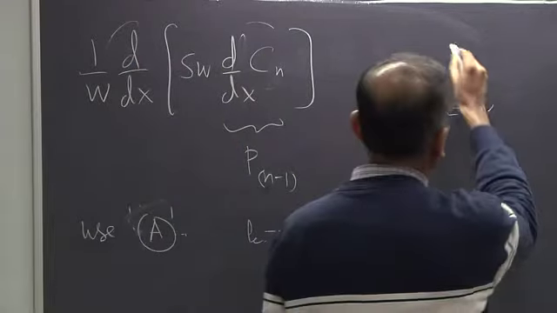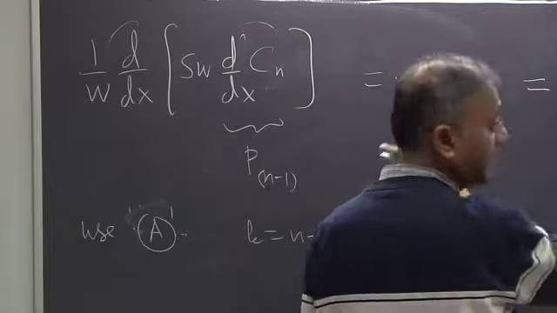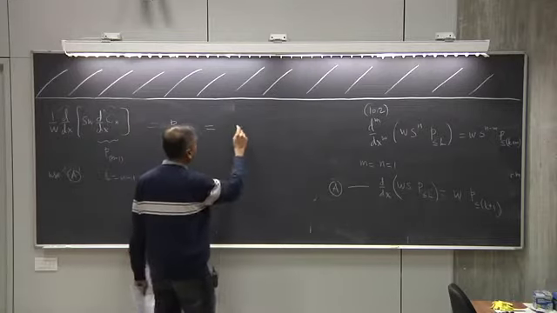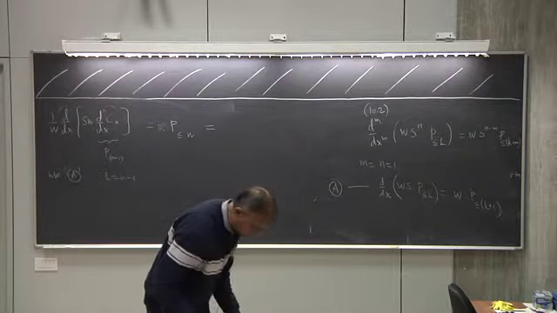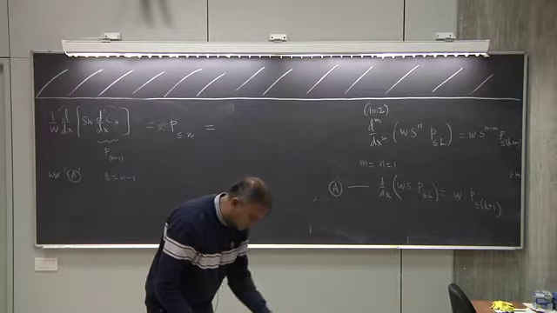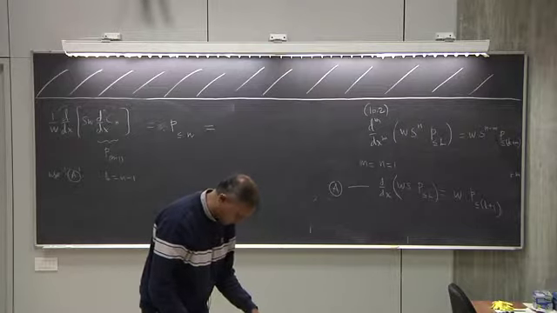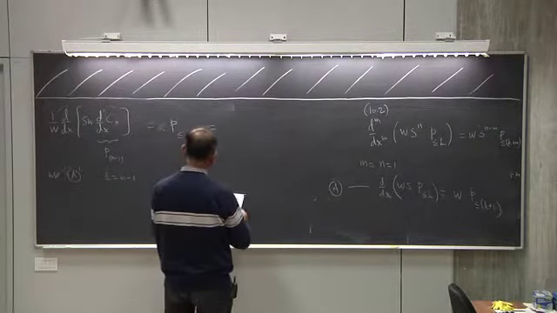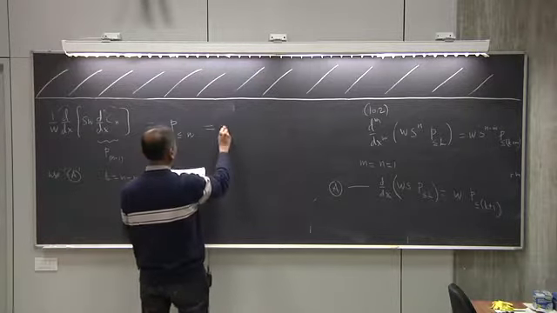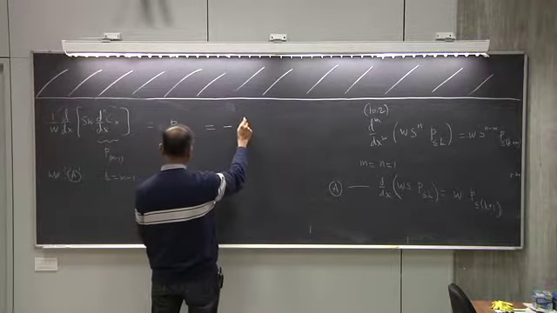Therefore I can always expand this polynomial with some coefficients. Let's use the same notation. For some reason they have put a minus sign here, but that's just a convention.